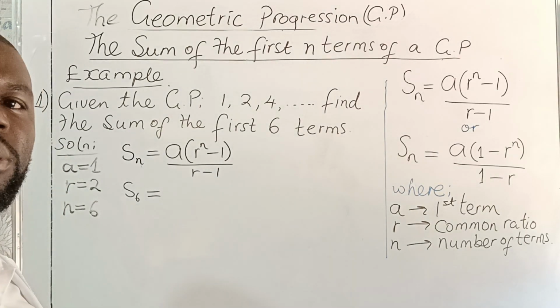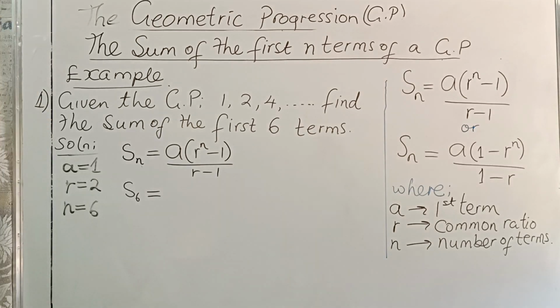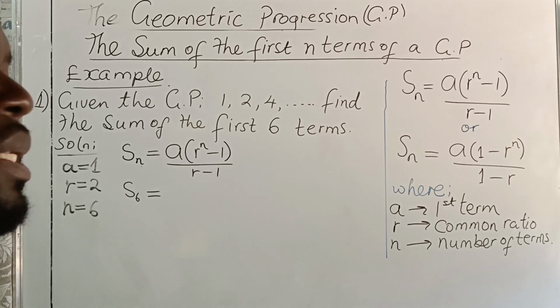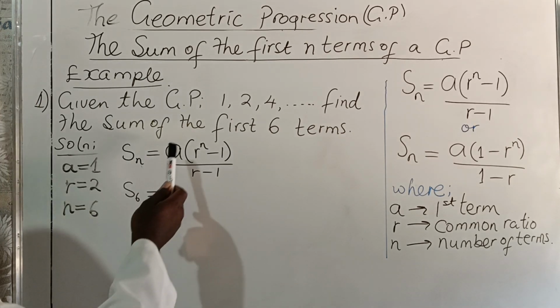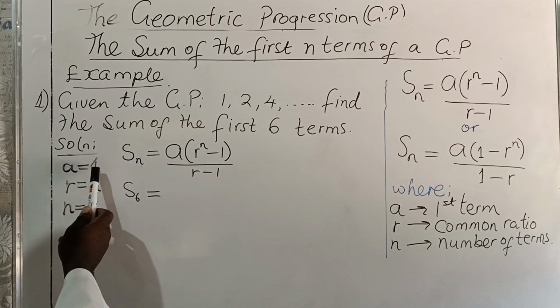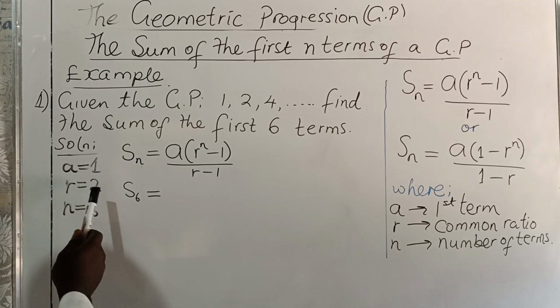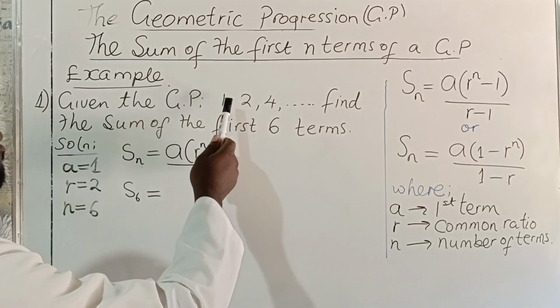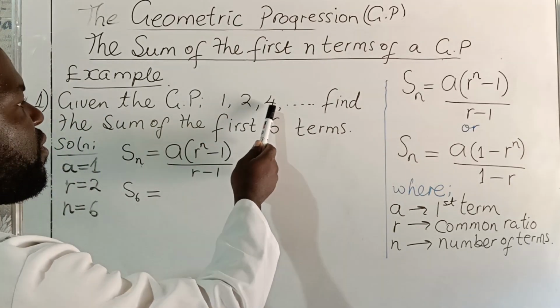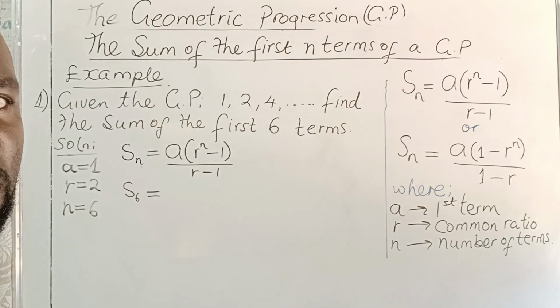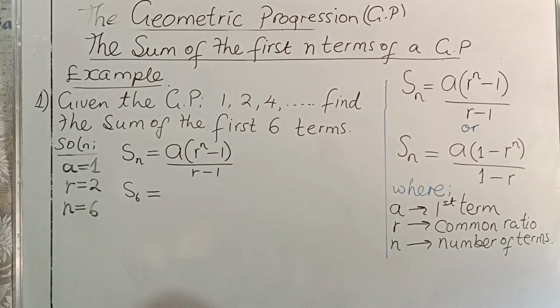So all we need to do is to identify the values of A, which is the first term. The first term in our GP is 1, so our A is 1. Common ratio, according to the first 3 terms, we shall say 2 over 1 or 4 over 2, and we are getting 2 in either of the cases.